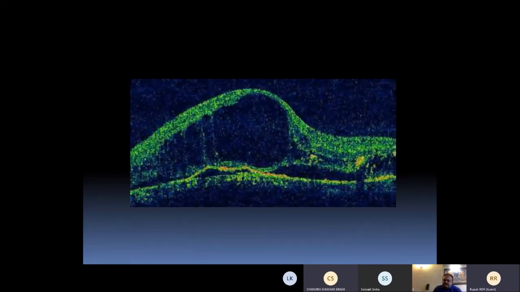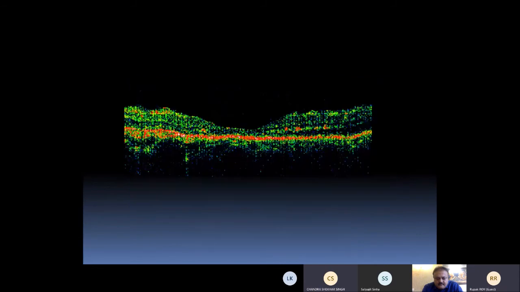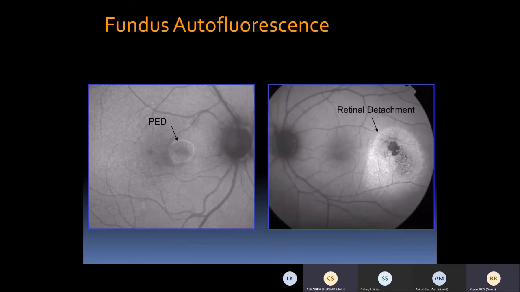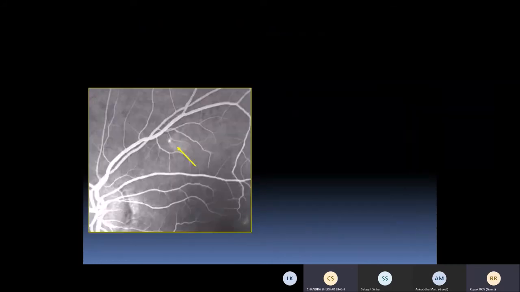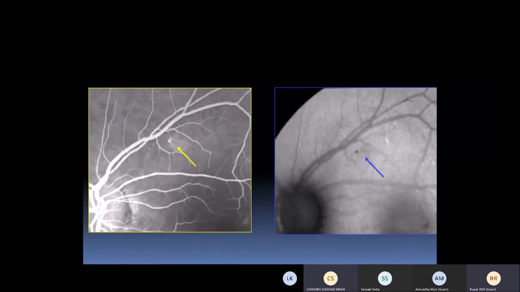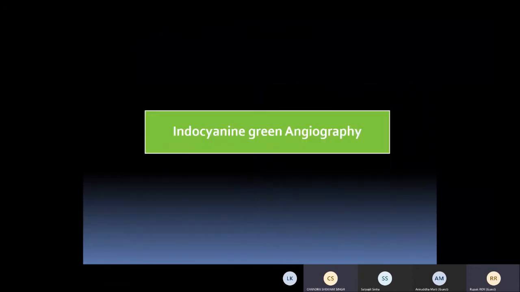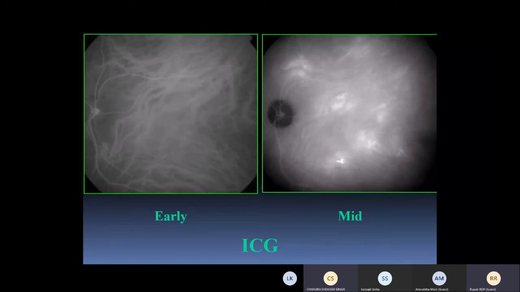Cystoid degeneration, if there is a large cyst in a later stage of CSR. It's very useful to pick up the area of the leakage. Here you can see the area of the leakage exactly corresponding to the area of the leakage on FA. Indocyanine angiography shows mid-peripheral hyperpermeability.